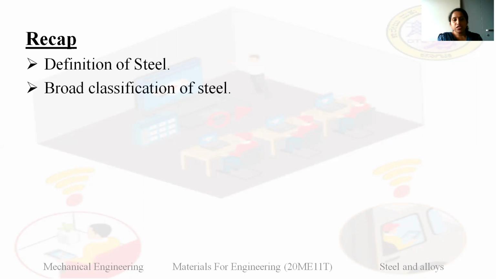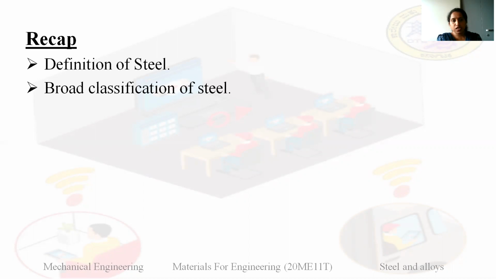The broad classification is mainly of two types: plain carbon steel and alloy steel. Plain carbon, as the name itself says, is plain carbon; there are no other significant alloying elements.